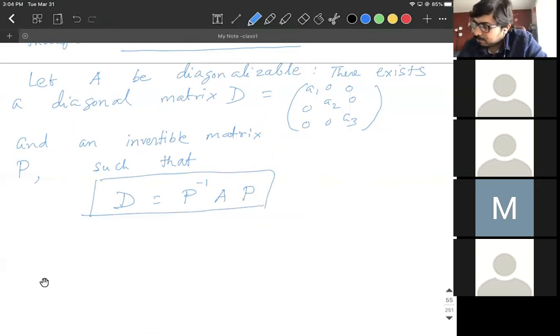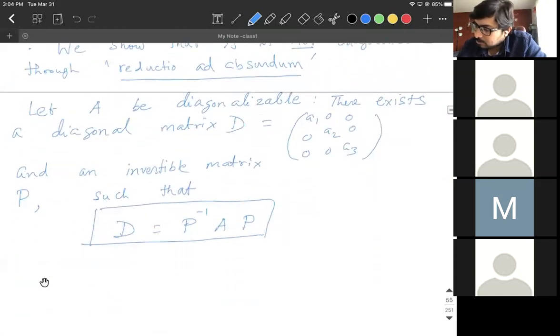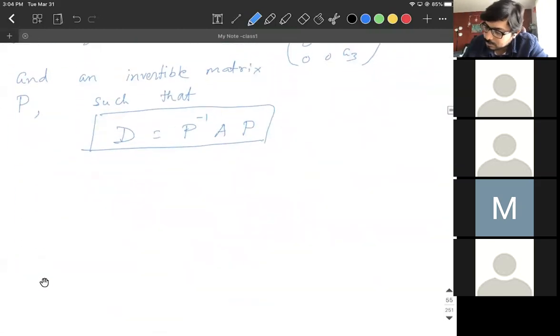Now here is the property of A which we want to use. Check that A cube is the zero matrix. So if you multiply A thrice, it will give you the zero matrix.